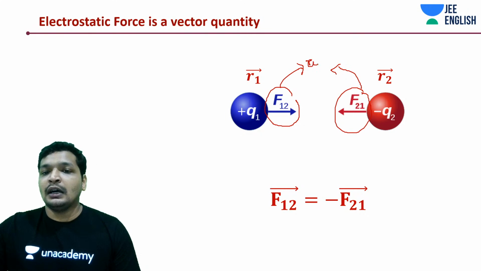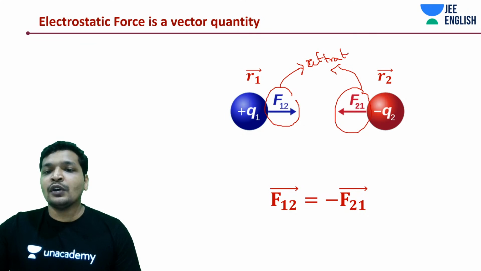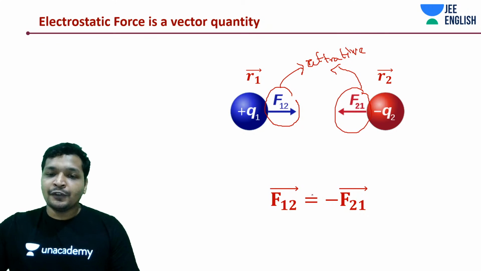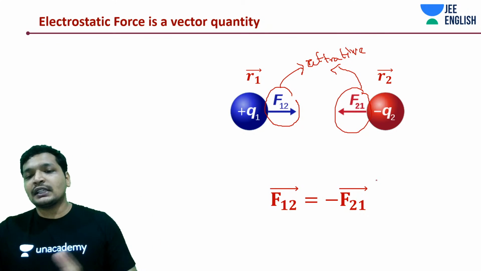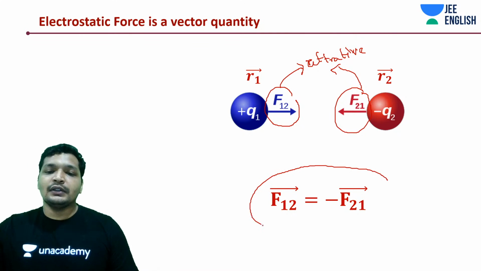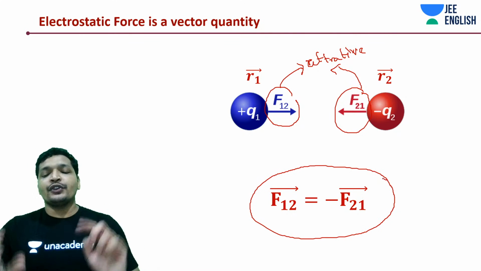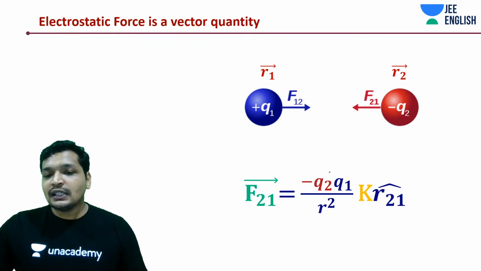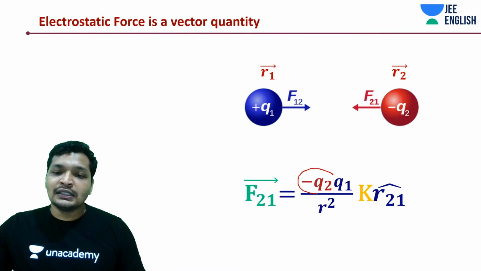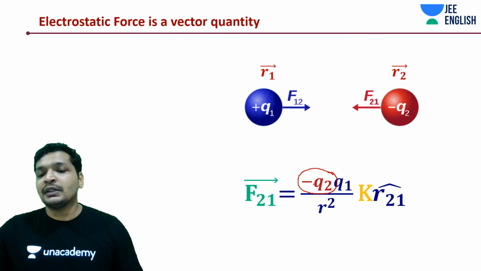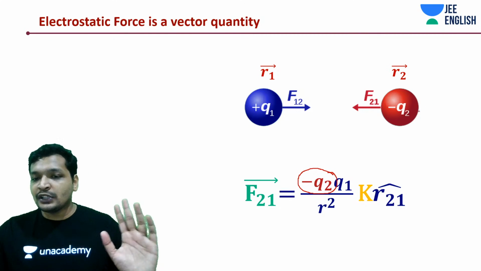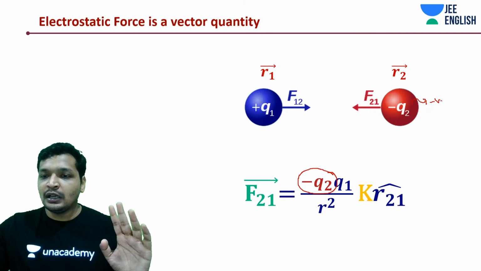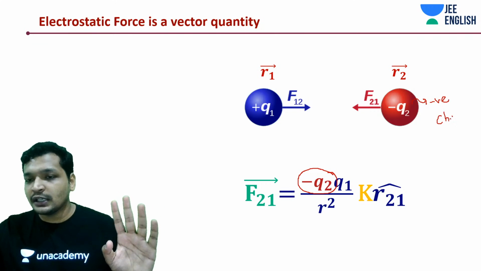In the earlier case they were repulsive forces, but the force directions are still going to be opposite. And how do you understand it? Simply substitute, this time taking Q2 as a positive number and substituting minus Q2, assuming this is a negative charge, and this is also a negative charge in this case.